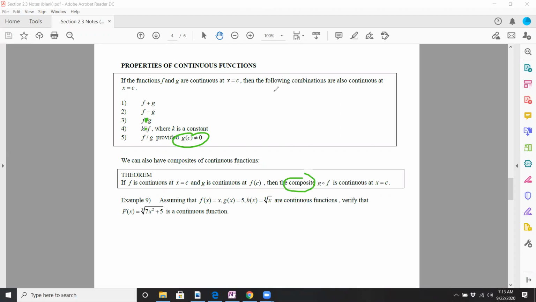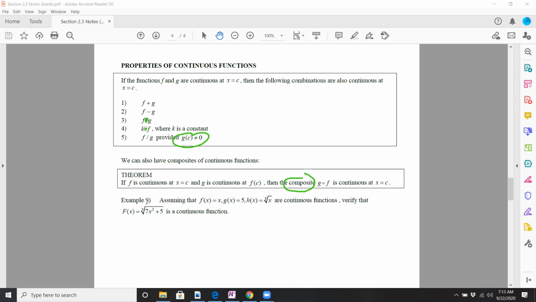Okay. Likewise with composite functions, when you plug a function into something else, we have experience with this. So say, for example, if f of x, g of x, and h of x are all continuous functions, verify that this wacky thing is also continuous.